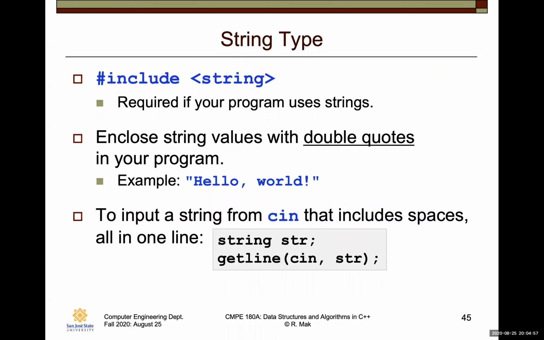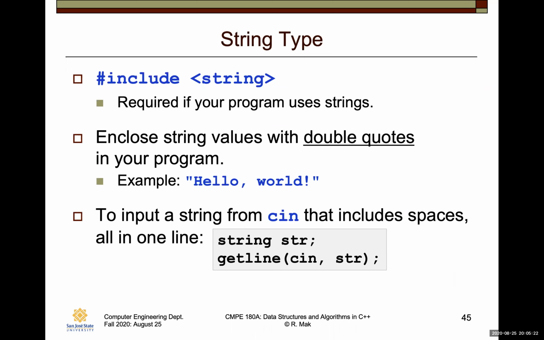Now if you're going to read strings, let's say that you have two string variables and you want to read in the string hello into one variable and world into the second variable, then you would type hello and then one or more spaces, world, without the quotes, in the input.